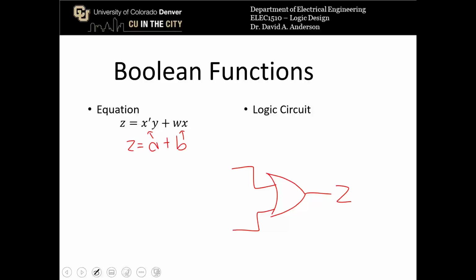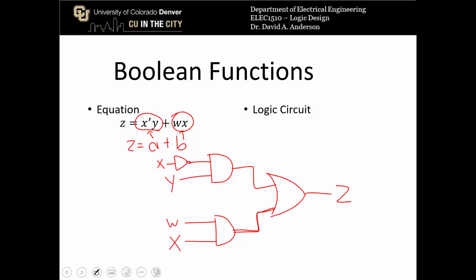Now, the term a here is x prime y, so that has to be the output of an AND gate, where one of the inputs is x with an inverter, and one of the inputs is y, and then the other term for this line is wx. So I'll write a w and an x. And so there's the logic circuit that represents that function. And this logic circuit is equivalent to the equation, and it's equivalent to the truth table that we drew on the previous slide.